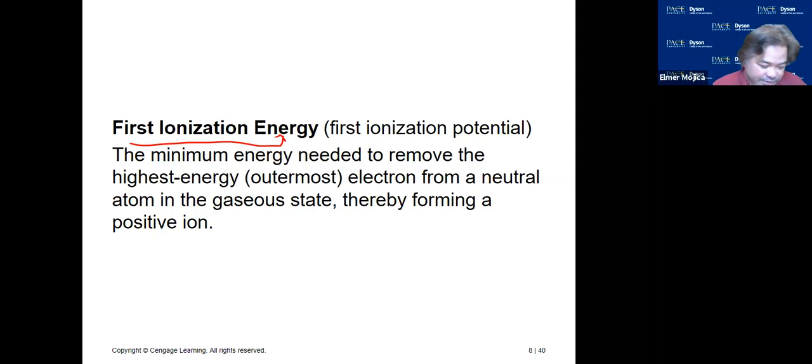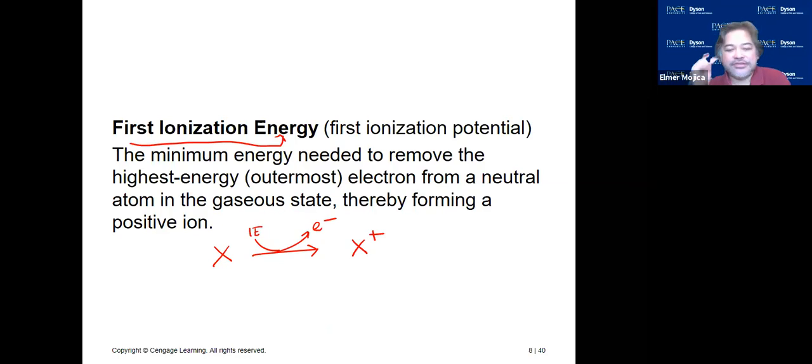So the minimum energy needed to remove the highest energy, the outermost electron, from a neutral atom in the gaseous phase, thereby forming a positive ion. So we could put it like this. So this is the ionization energy. How much energy you need to remove the electrons.